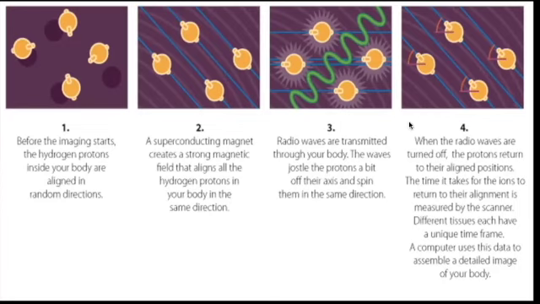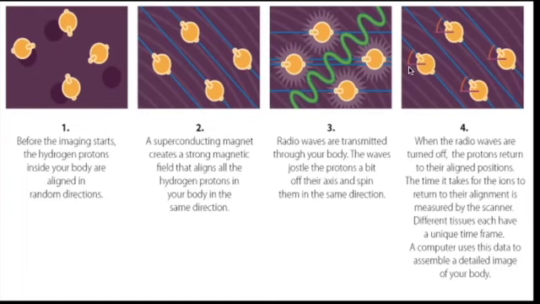So I'll try to simplify this. Each of these magnets, because of the magnetic field, is looking, let's say, this way and this way. All of them are looking in the same direction. Now, when you send a radio frequency pulse, you push these magnets away from their comfortable position.